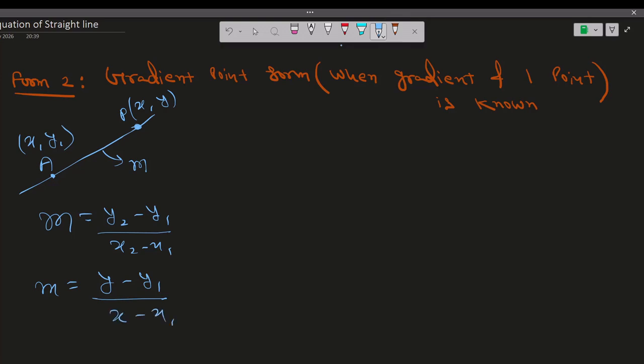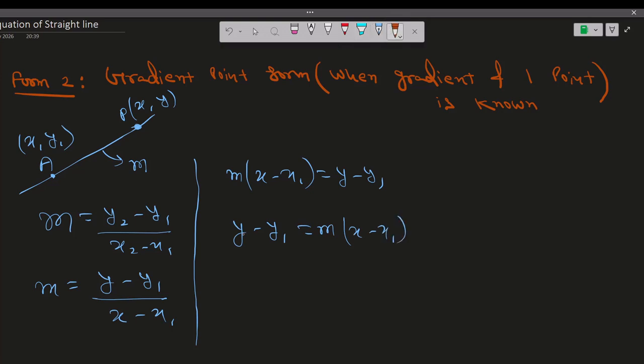If I shift x minus x1 to this side, I get m into x minus x1 equals y minus y1. Let us just switch it, so I get y minus y1 equals m into x minus x1.